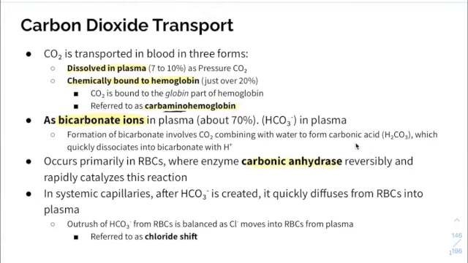So carbon dioxide and water and this carbonic anhydrase are going to come together and form carbonic acid.